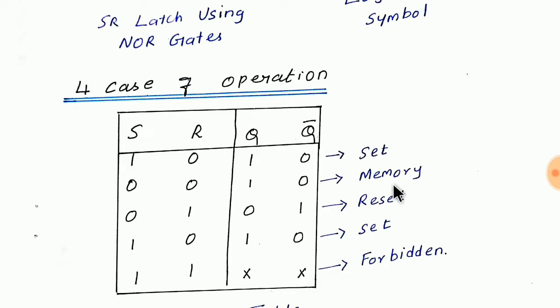Now I am going for the next condition. That is, if it is 0, 1, when R is 1, which is nothing but reset, and S is equal to 0, then our Q is becoming reset. In the same way, S equal to 1 and R equal to 0 will give the value 1 to your Q and 0 to your Q bar.